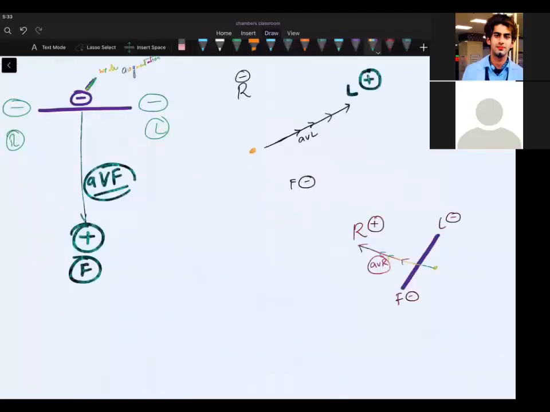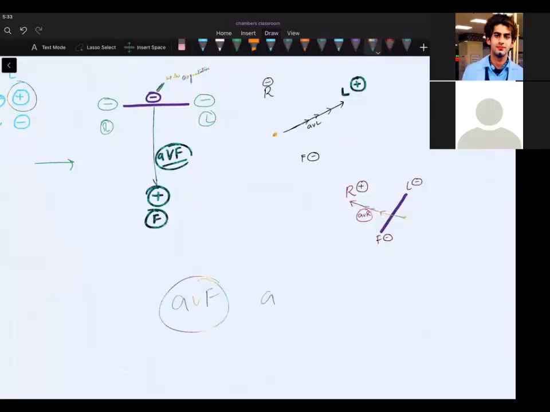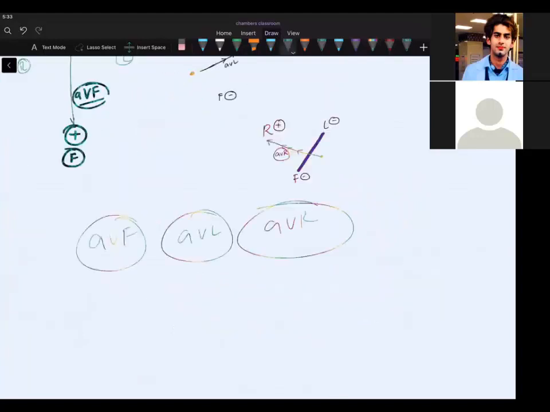This is the concept. So how many leads did you get extra from 3 leads? You got AVF, AVL, AVR. Can you get a 6 lead ECG now? Can you see he made a 6 limb lead ECG? What a genius. So this is called the 6 limb lead ECG.